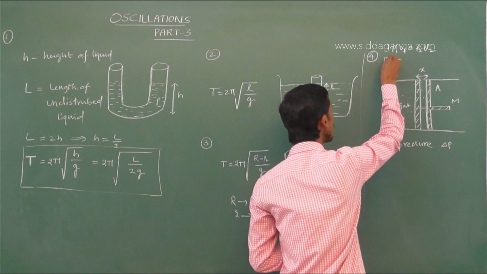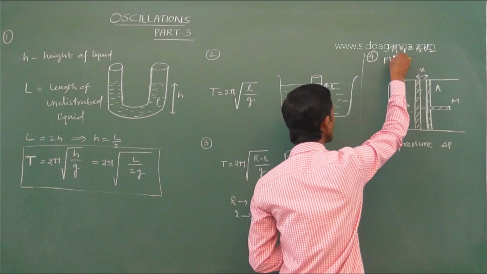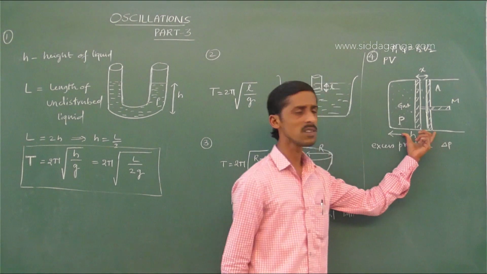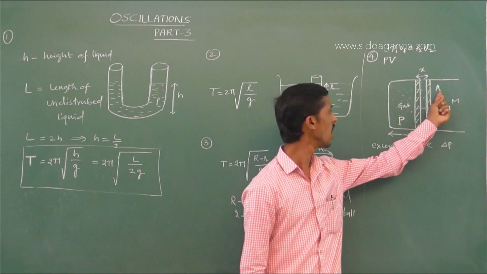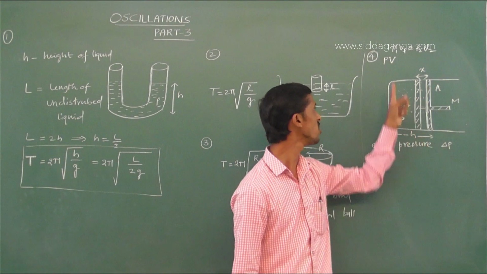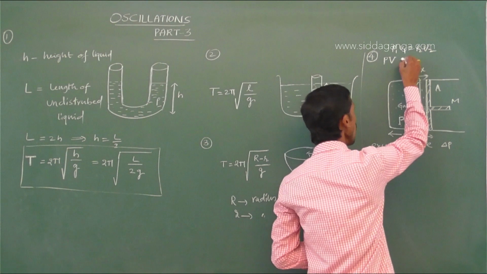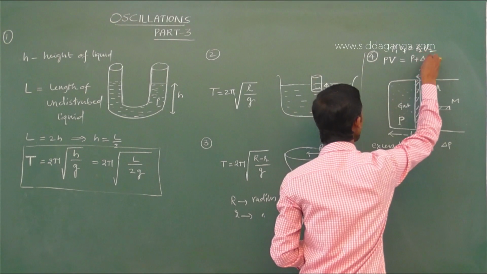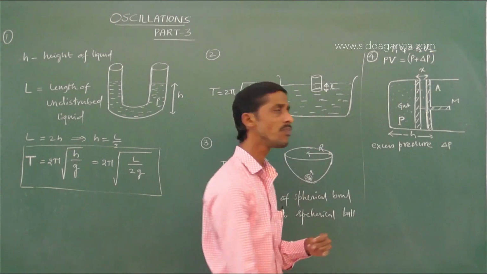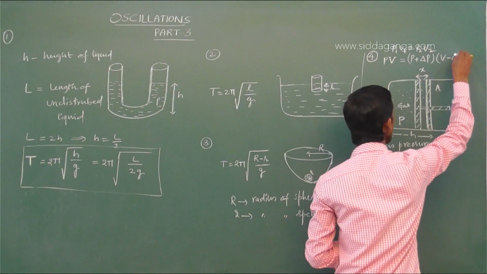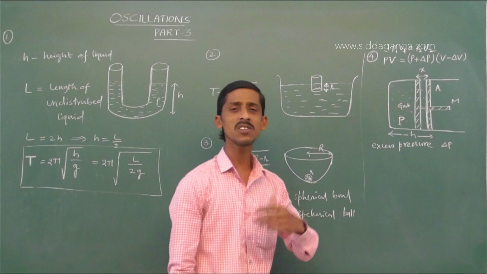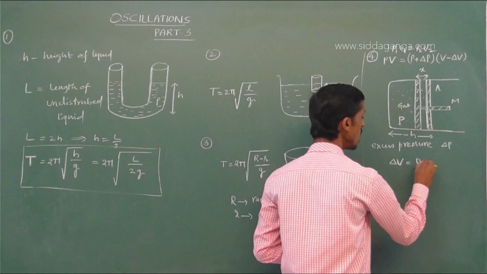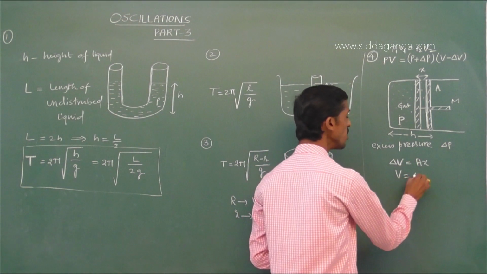Earlier, the gas is at pressure P and its volume is V. The length of the cylinder earlier is h and the area of cross section is A, so A into h is V. When the piston is moved through a small distance, the pressure increases by a small amount delta P, whereas the volume decreases by a small amount delta V. Initial volume is A into h.